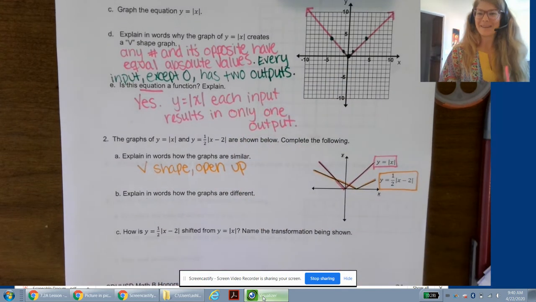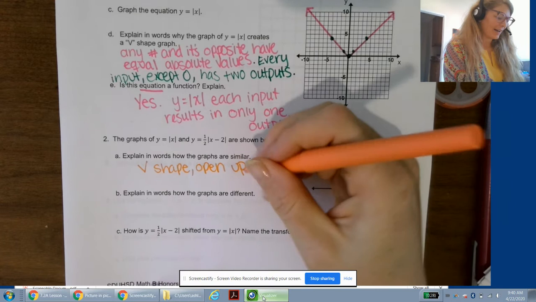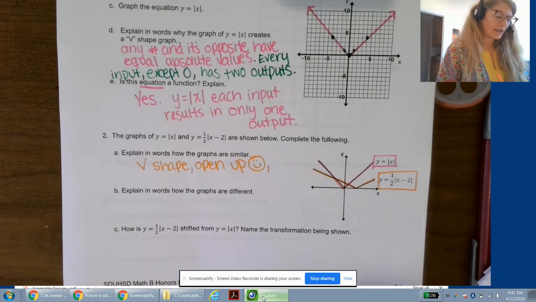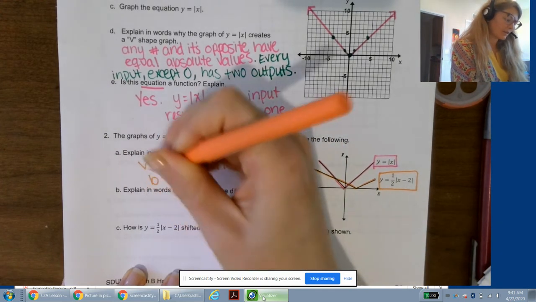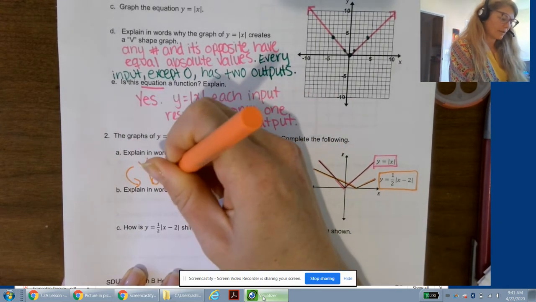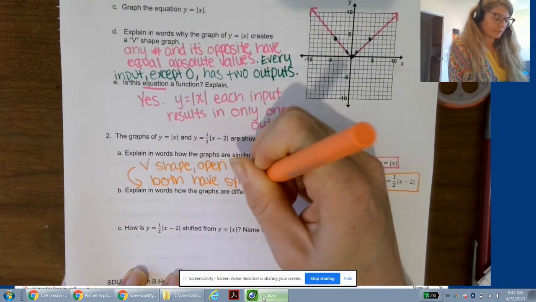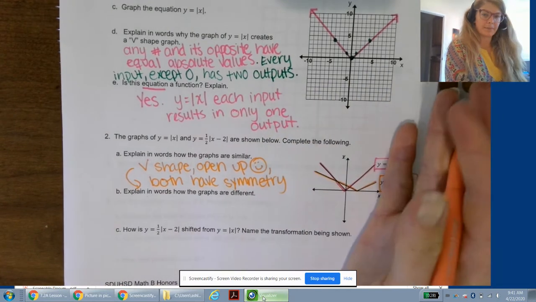Sometimes I call them happy absolute values because they kind of look like a big smile. So they're happy. And I guess both graphs have symmetry. So that kind of connects to the V shape. Both have symmetry, meaning I could fold them.